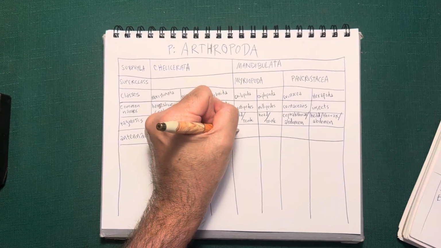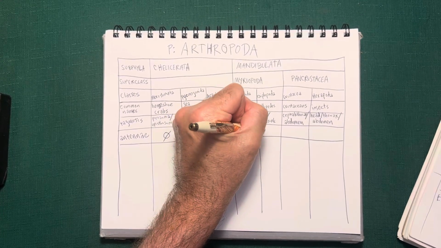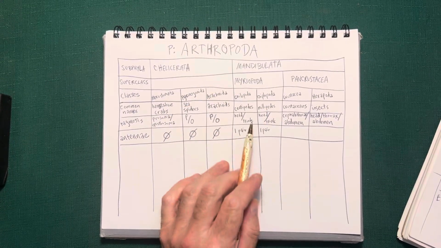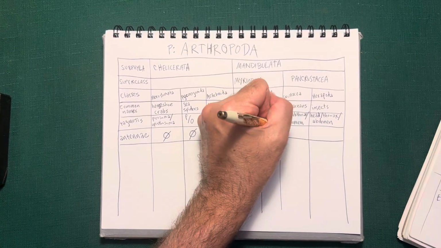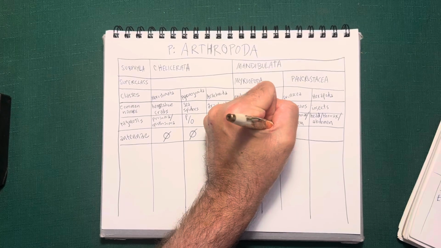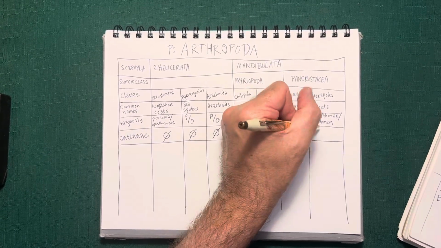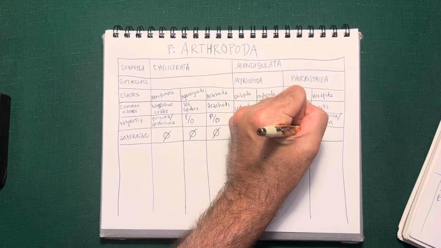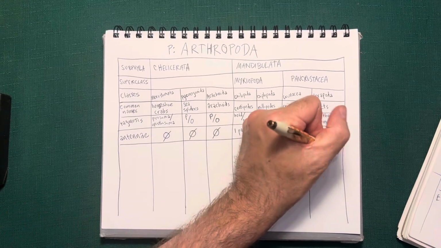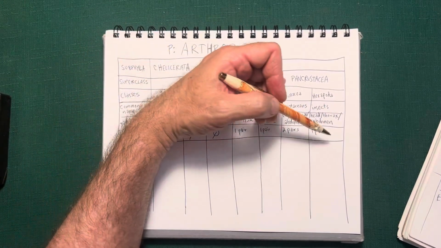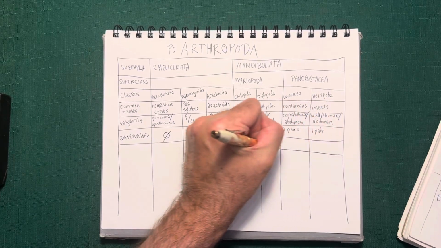But our myriapods each have one pair. Crustaceans have 2 pairs, and insects have 1 pair. So Mandibulata, all the antennae. Chelicerata, none of the antennae.